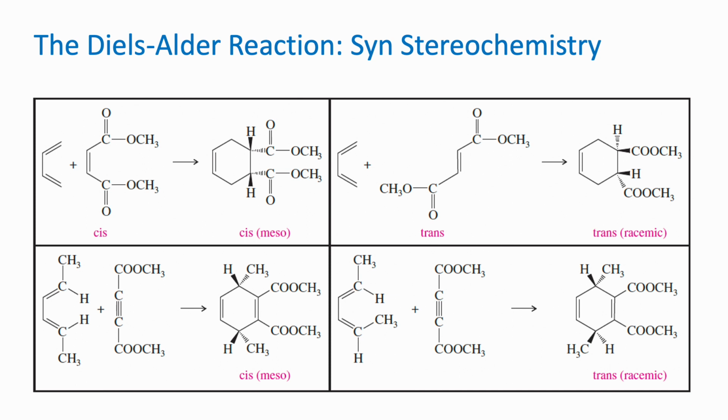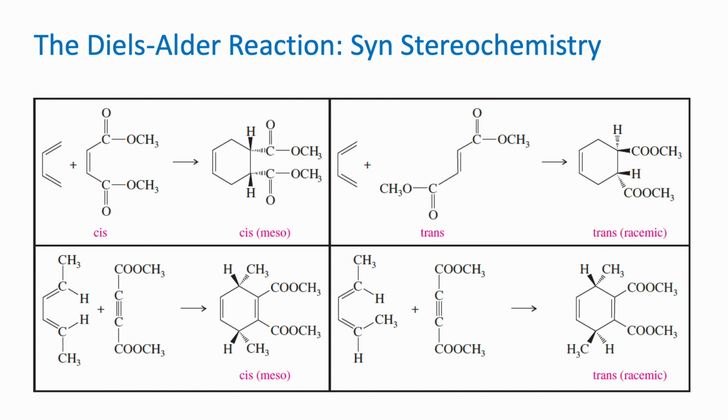Okay, so now let's move on to the bottom boxes. The bottom boxes are showing us the effects of having those methyl groups on the diene in different positions. So this is what I was saying on the last slide. We've got a methyl that points straight up on this bottom box on the left. On the top carbon, we have a methyl group that points straight up on our diene.